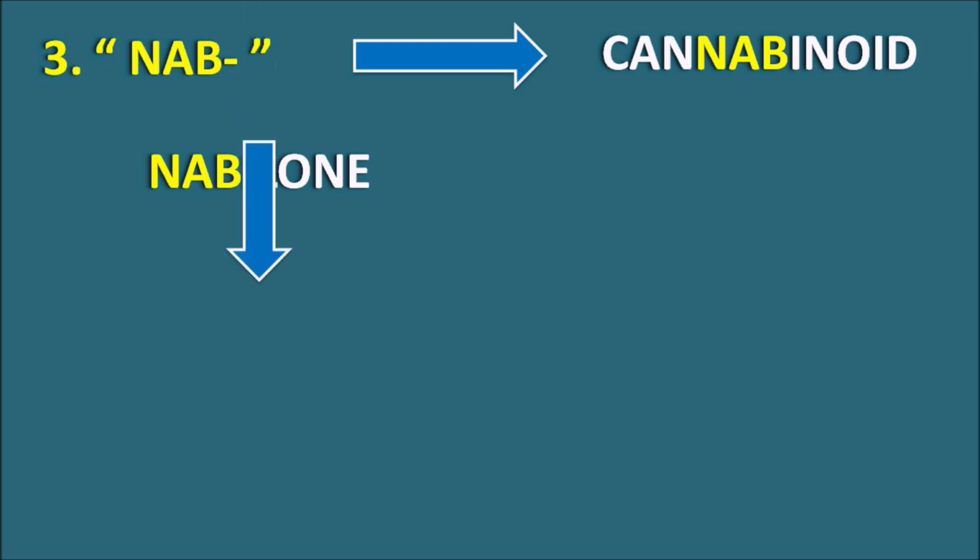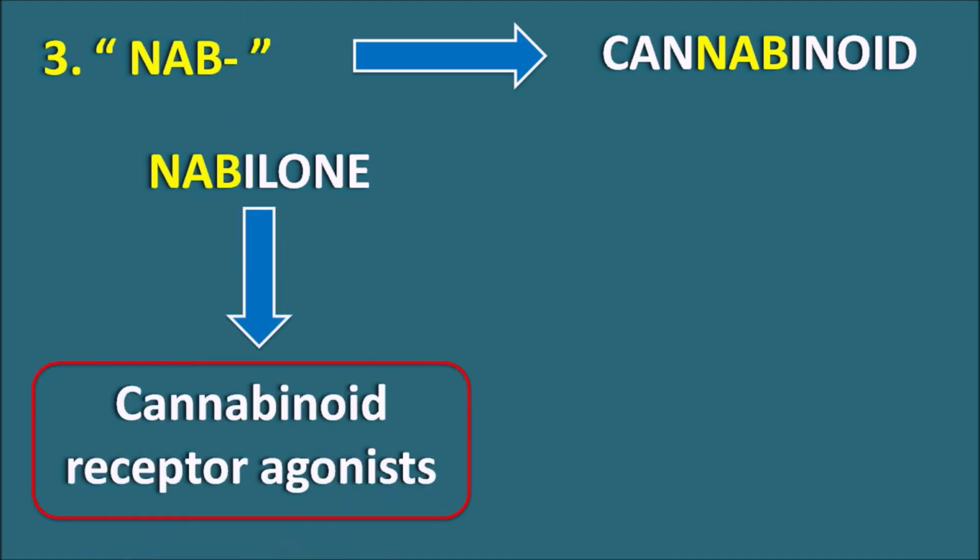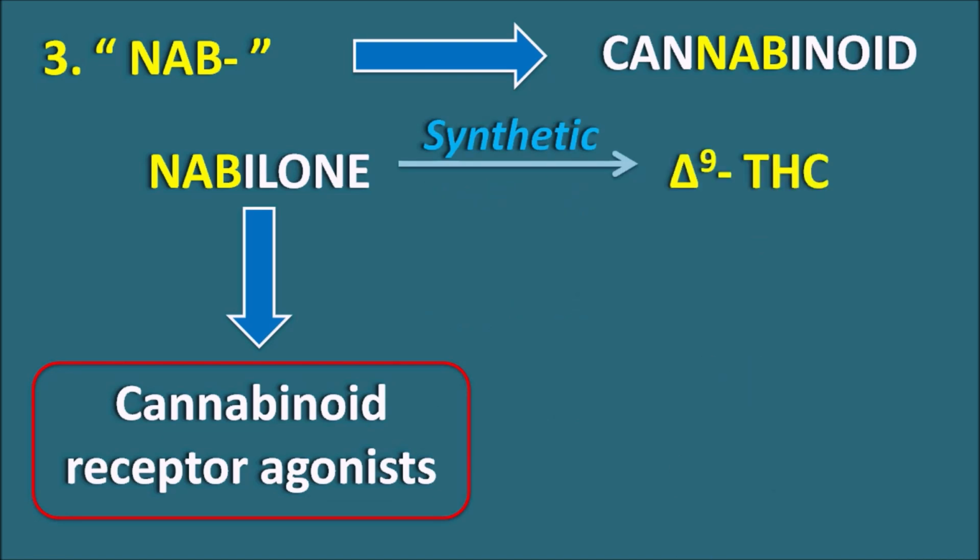So nabilone is one drug which acts like a cannabinoid receptor agonist, thereby increasing the cannabinoid activity. Nabilone is a synthetic analog of tetrahydrocannabinol. Tetrahydrocannabinol is a natural product present in the cannabis species, which is a psychoactive agent. But nabilone, which is a synthetic analog of tetrahydrocannabinol, is not used to produce psychoactive properties.